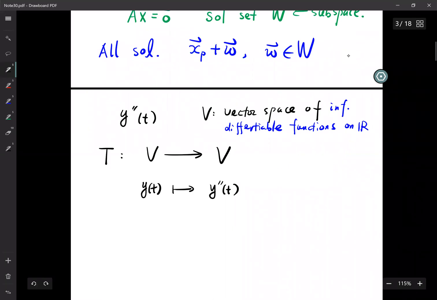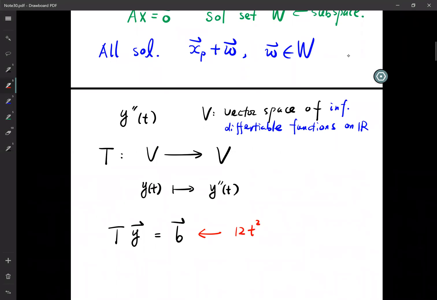So indeed, T maps from V to V. And what we're asking is, when do we have T(y) equal to b, where the right-hand side b is 12t squared? Any question? Everyone understands what I'm talking about here?